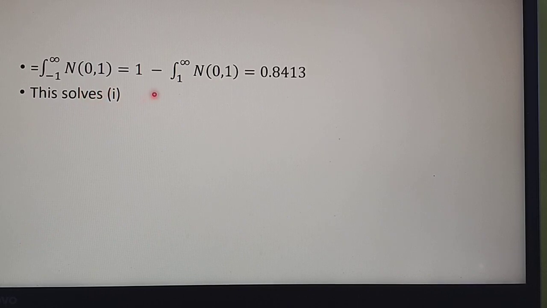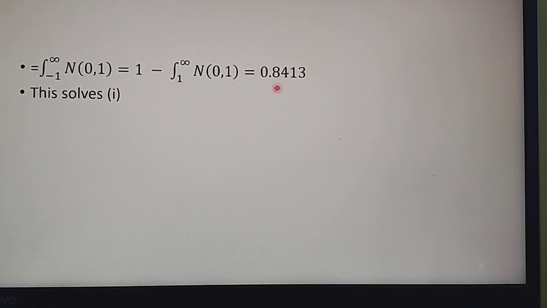Simply remember, for the normal probability curve the whole area is 1. You draw the normal probability curve: here it is 0, here it is minus 1, here it is 1.